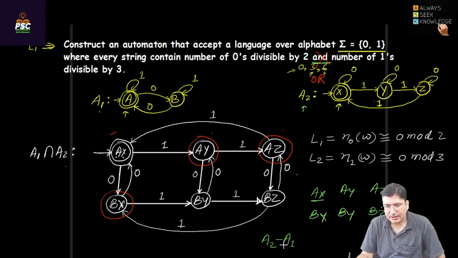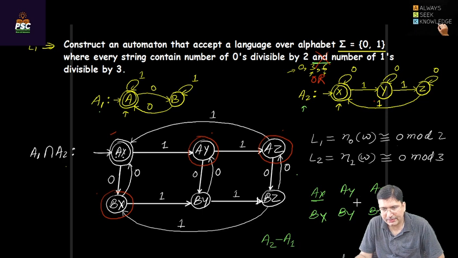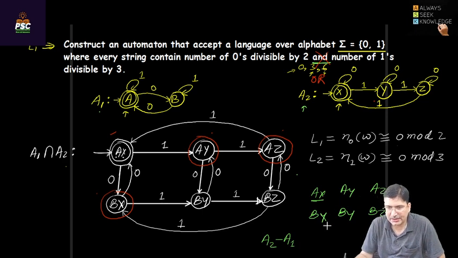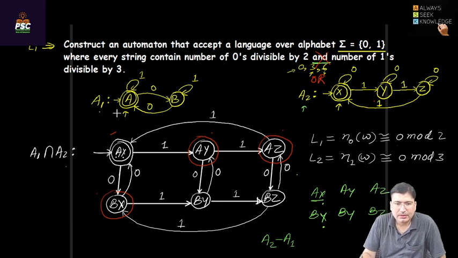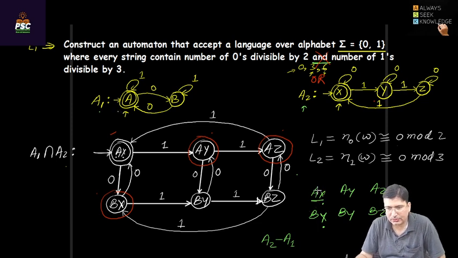So that means all the states having the final state of A2, like X, which is the final state of A2. Here there are two such states. So these two can be final, but make sure that the final state of A1 is not part of it. So AX will not be the final state, because if we make AX the final state, a few of the strings accepted by A1 will also be accepted by the resultant automata. So only one final state we will get, that is BX.